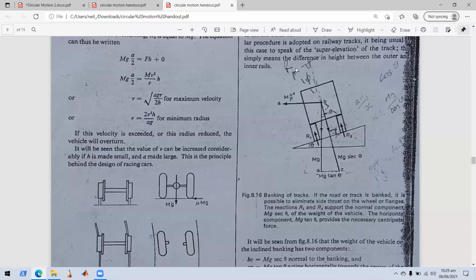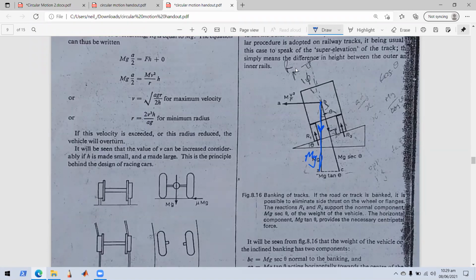Now with a banked road, we see something different happening. The mass acts from the center of gravity directly downwards, straight down. So this here is your mg.